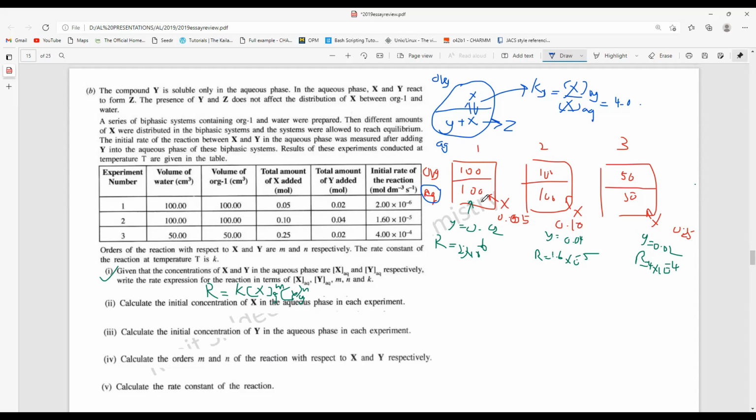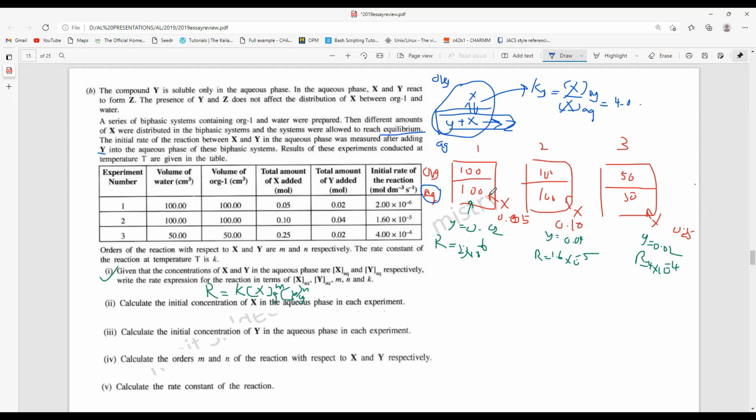That was the thing that you need to check. So in statement C, it is given clearly that the biphasic system was allowed to reach equilibrium, and then the initial rate of the reaction between X and Y was measured after adding Y. So if they ask the initial concentration to find the rate, it is always after the equilibrium that they have added an amount of Y to initiate this particular reaction.